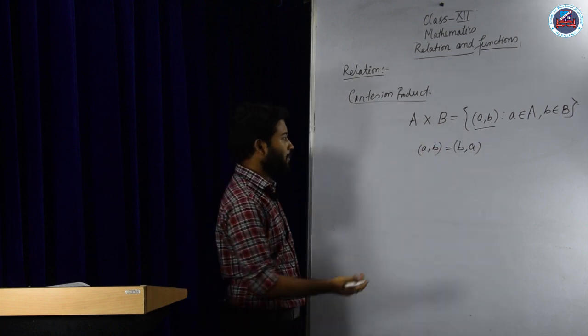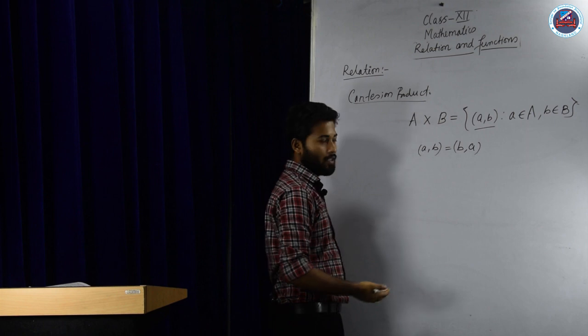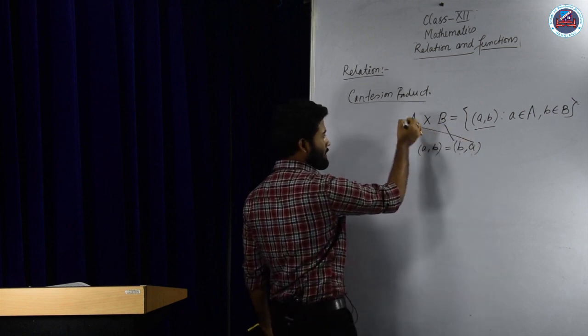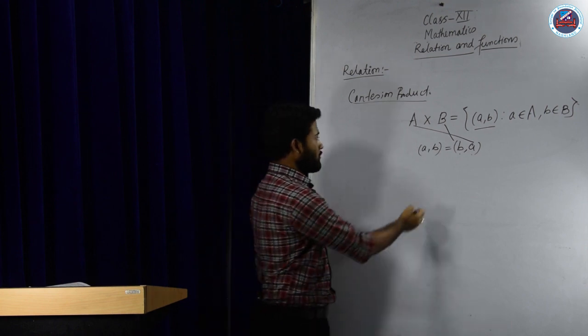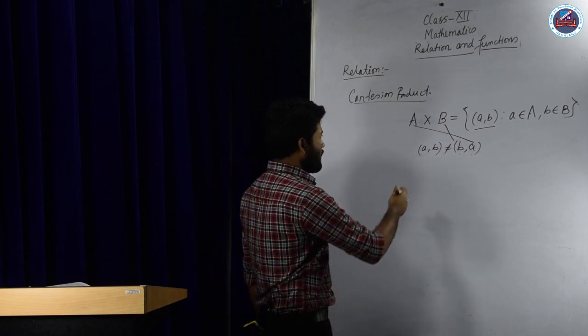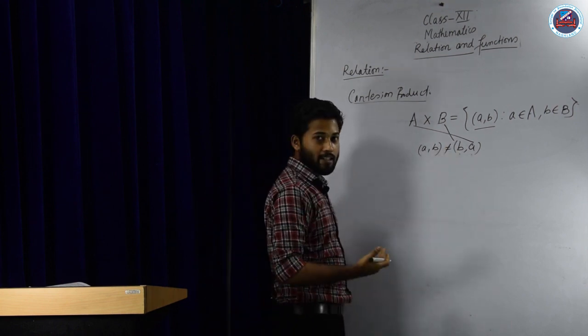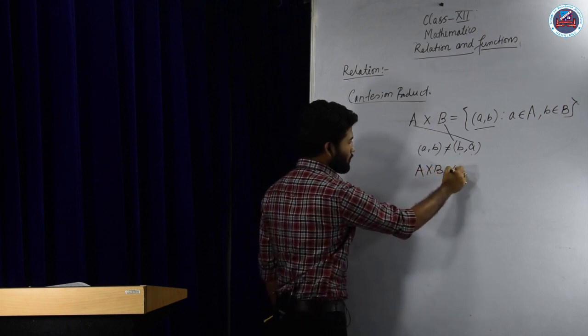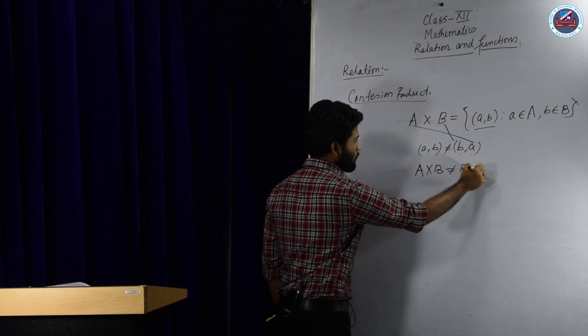No. Why? Because the order has been changed. Now the first element is coming from the set B and the second element is coming from the set A. So it is not equal. Using this, in general, I can write A cross B is not equal to B cross A.